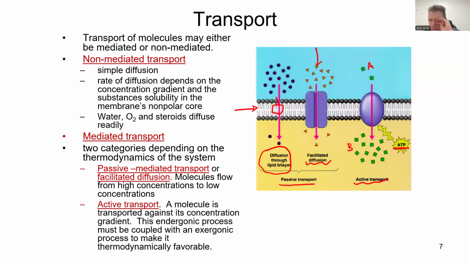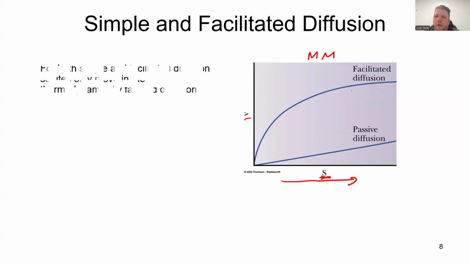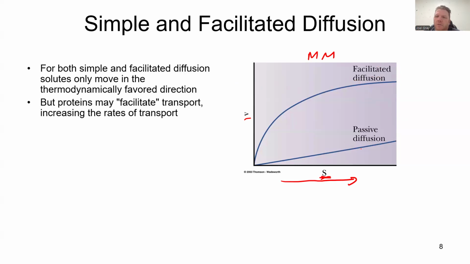There's a protein that's helping something move across. And what you notice is that it's a lot like our Michaelis-Menten plots for enzyme catalyzed reactions. At some point, you increase your substrate concentration, and what happens to your velocity? Well, it's going to effectively plateau, because at some point your gatekeeper is the concentration of your enzyme. Whereas with passive diffusion, as the substrate concentration goes up, the velocity goes up, and that continues to be the case on into oblivion.